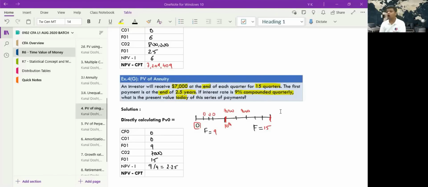Even that is wrong. You have to do quarterly. So you'll do 9 by 4. This is where students commit a mistake because their entire focus is on the cash flow, right? So they forget the rate of interest, which is always annual. So you have to split it. Then when you press PV, NPV, you'll get the answer.